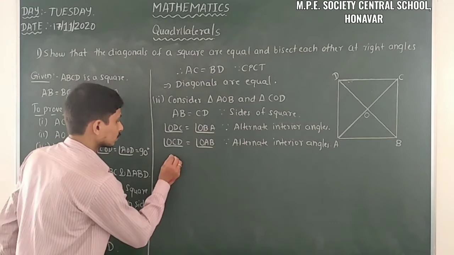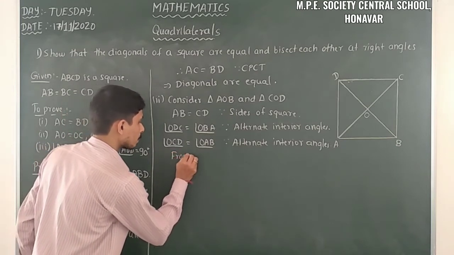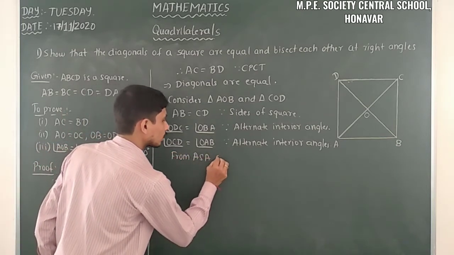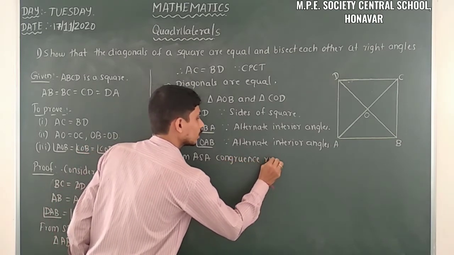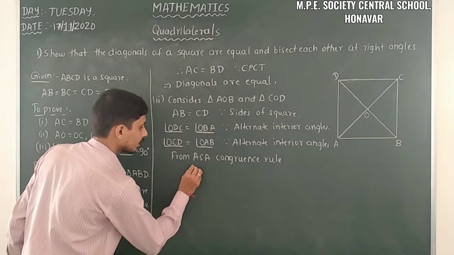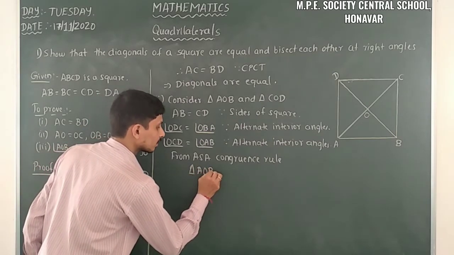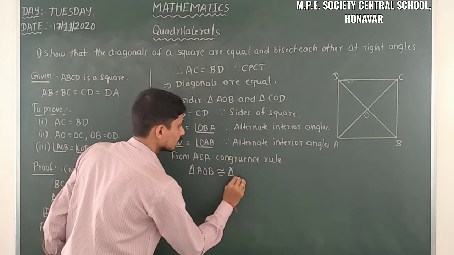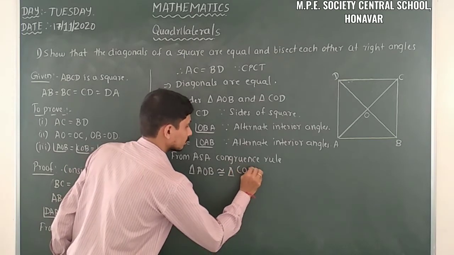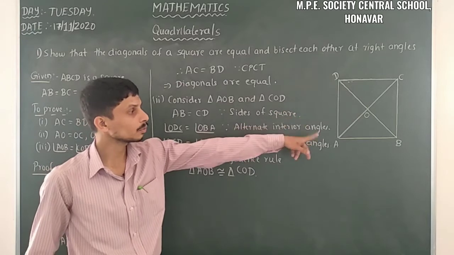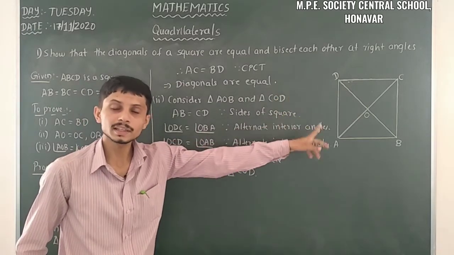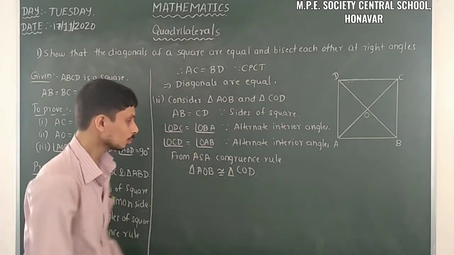we can consider triangle AOB and triangle COD are congruent triangles. From the ASA congruence rule, triangle AOB is congruent to triangle COD. Then we can take AO is equal to OC and OB is equal to OD.